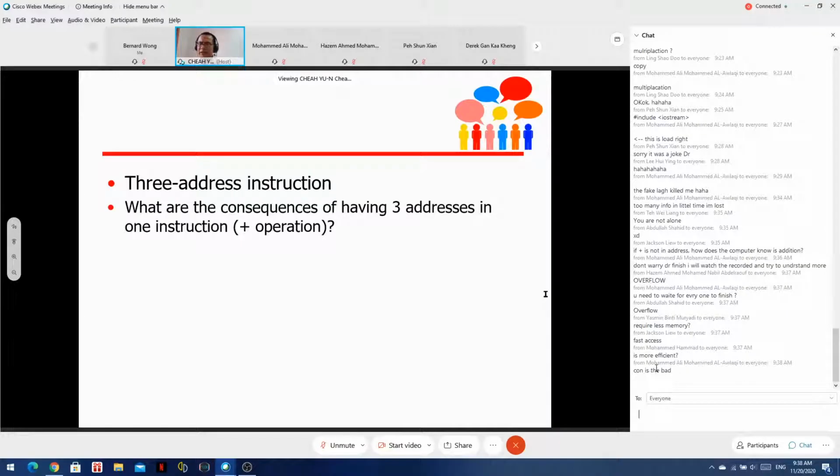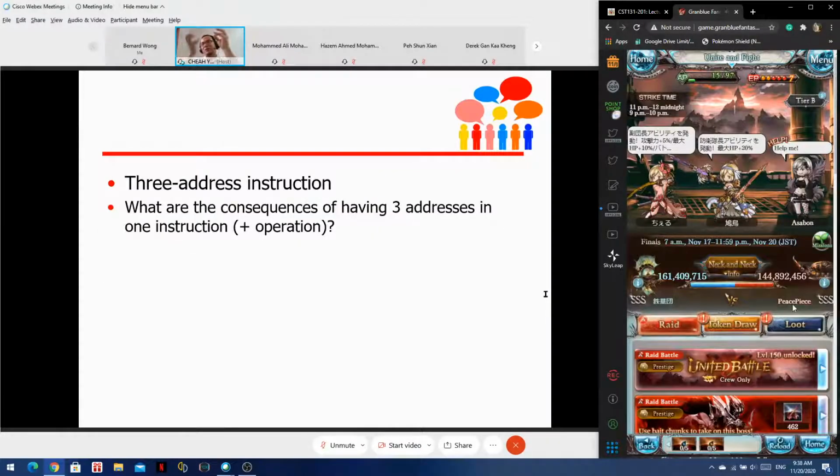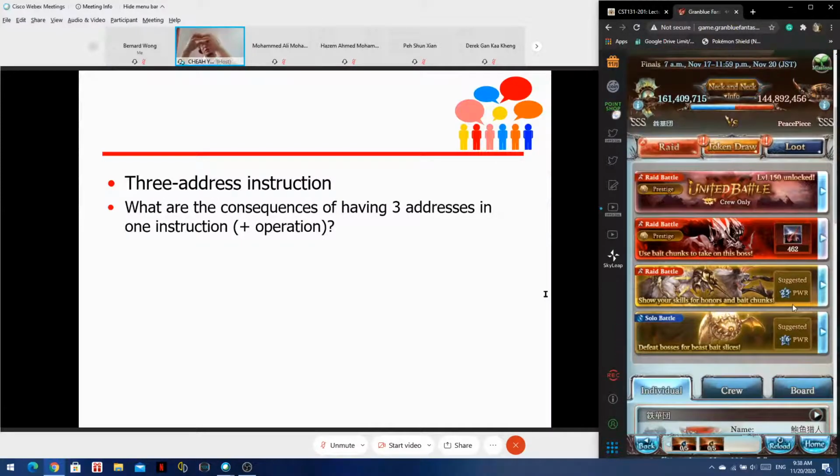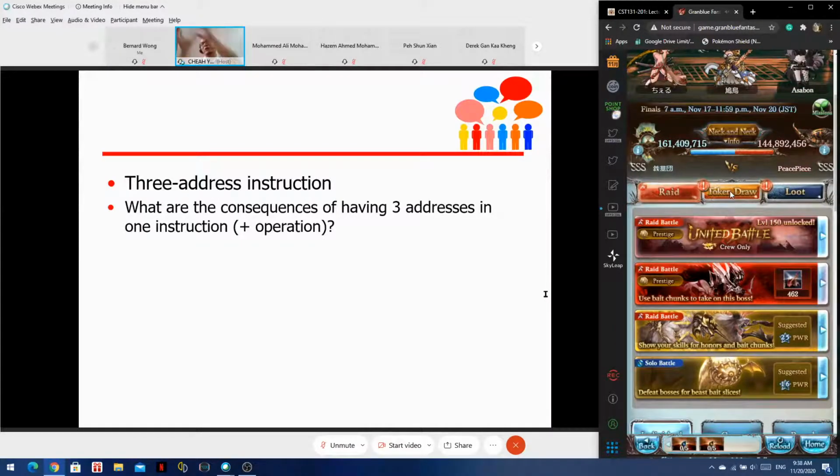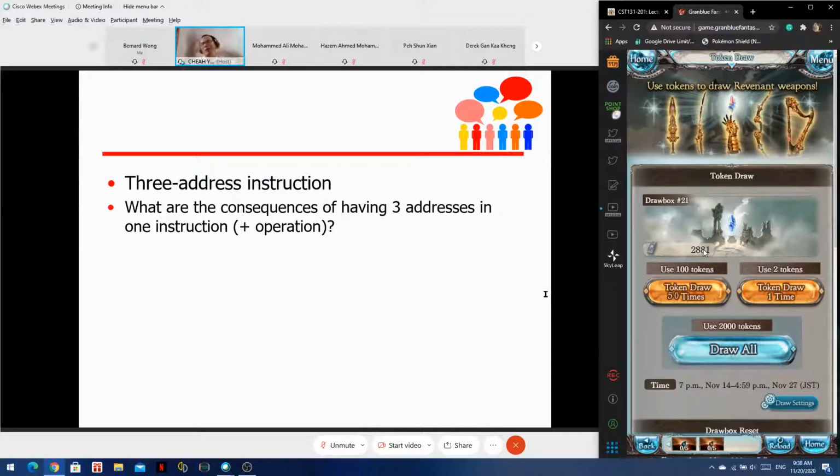Fast access, not necessarily, because you are accessing memory words anyway. No matter whether you have 3 addresses, 2 addresses, or 1 address, the memory will be just as fast. Or do you mean getting all the variables, all the sources? Yeah, maybe it's faster, because in that instruction alone I already know the addresses of all 3 operands and I can do it faster.